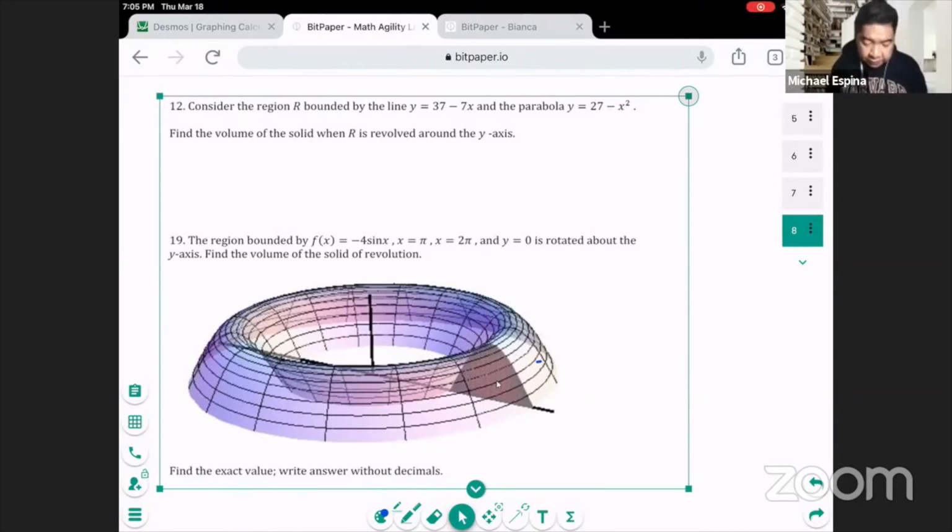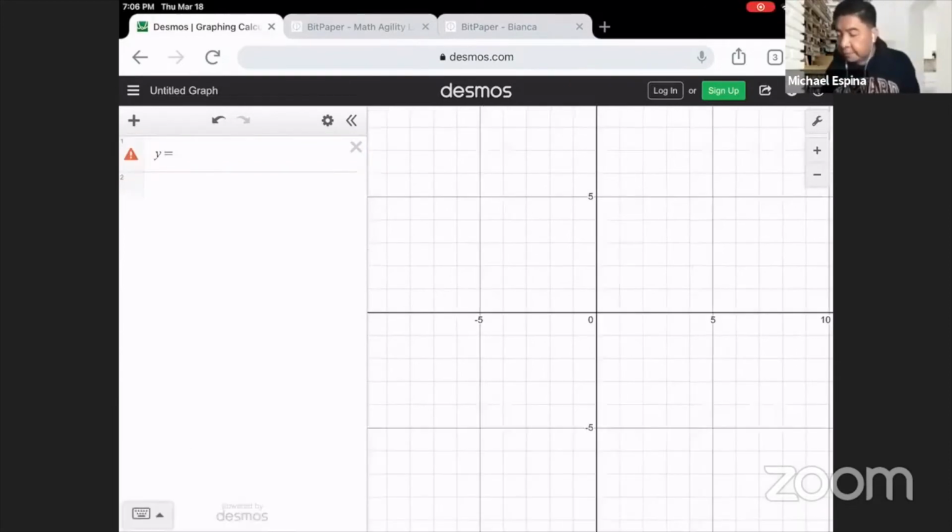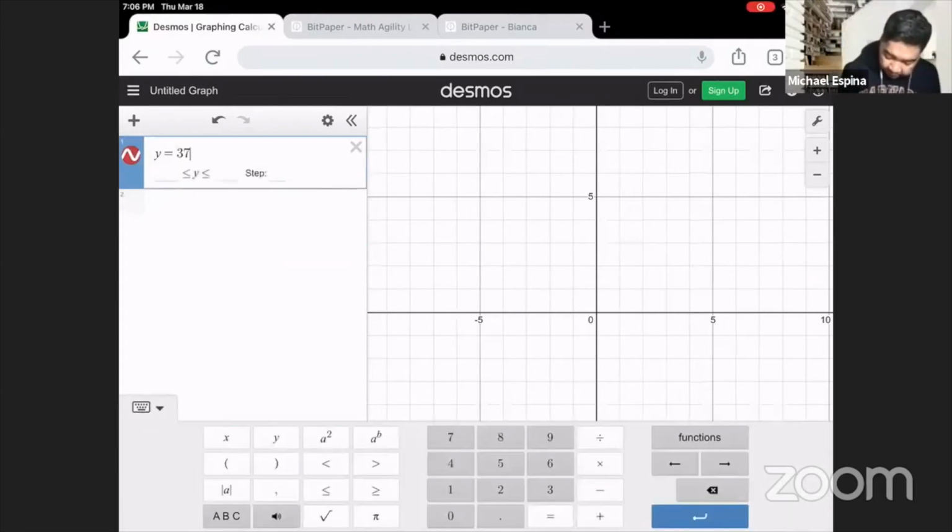So to make sure, let's go first to Desmos. So y equals 37 minus 7x.